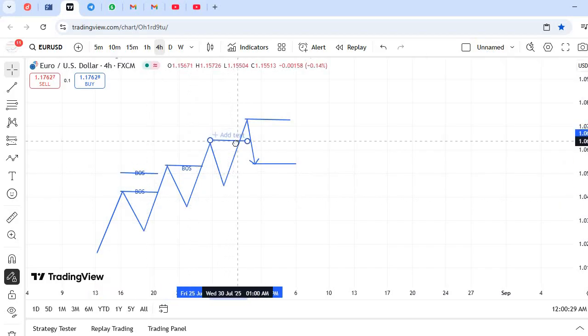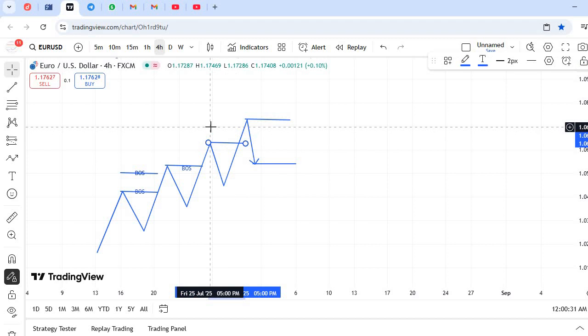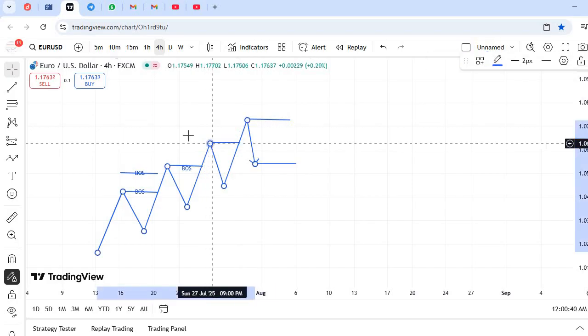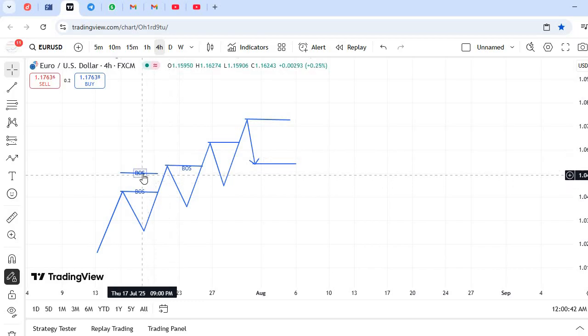So then we have a third break of structure. Can you see?